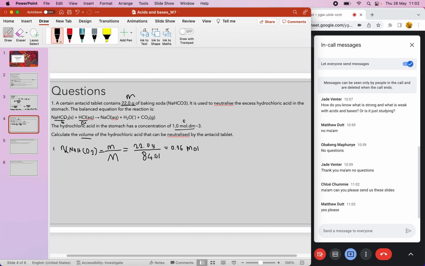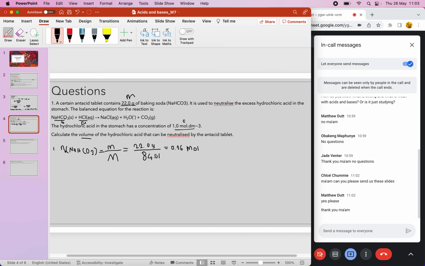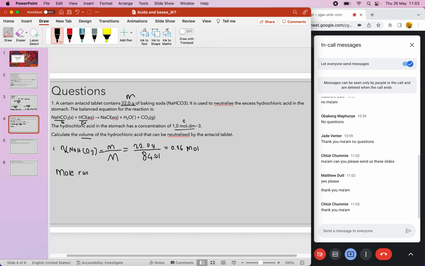So we've calculated the number of moles, so now we need the mole ratio between the baking soda and hydrochloric acid. Do you remember where to get the mole ratio, guys?